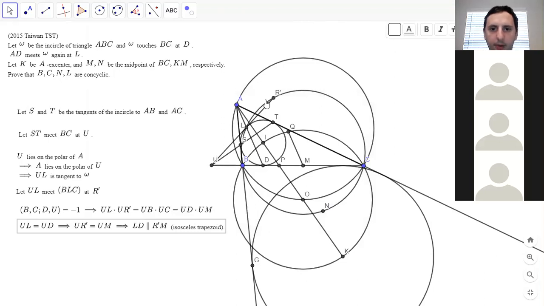But then we know AD is parallel to KM from what Feng was saying, because OM is parallel to ID, and AP over PI is KP over OP.